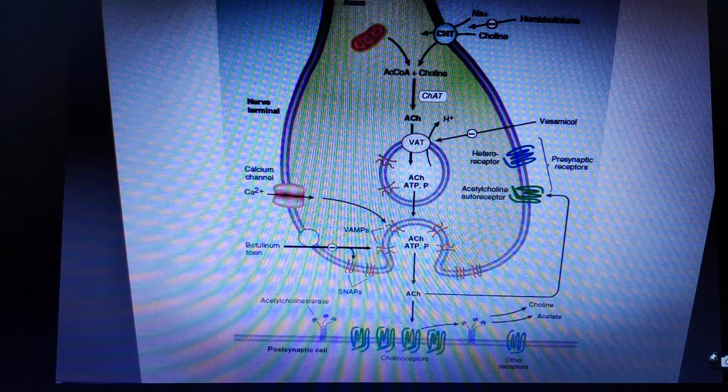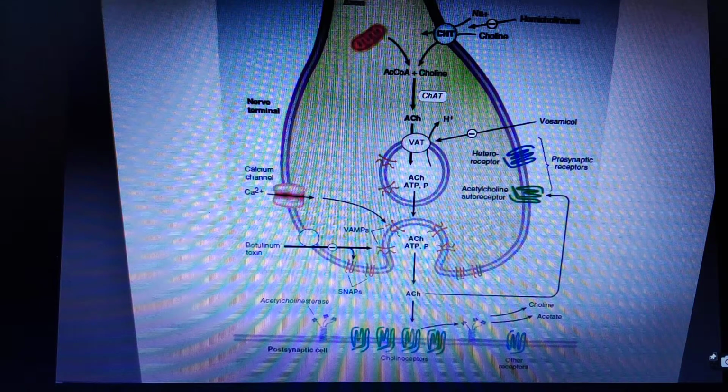And at the end of the fusion, there is a process of exocytosis, and the membrane dissolves, and the acetylcholine which was present in the vesicle releases and comes into the synaptic cleft, as you can see in the bottommost part.